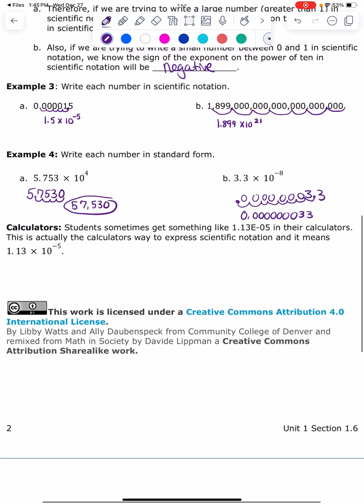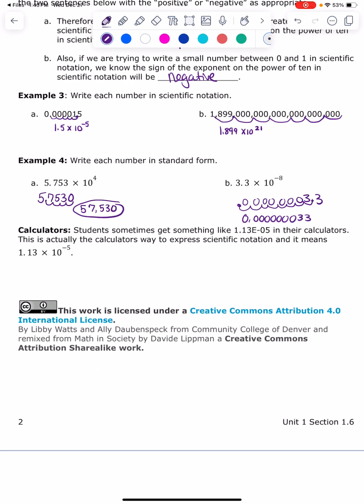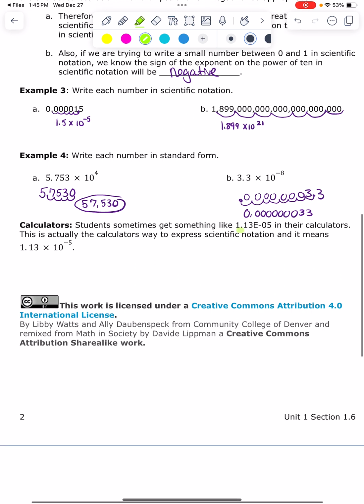Now, when you get very large or very small numbers in your calculator or on a computer, oftentimes it'll give you something like this, and you're like, what the heck is that? It is just scientific notation. 1.13e to the -5 just means 1.13 times 10 to the -5. So you could write that as 0.00001 13, with four zeros after the decimal point.